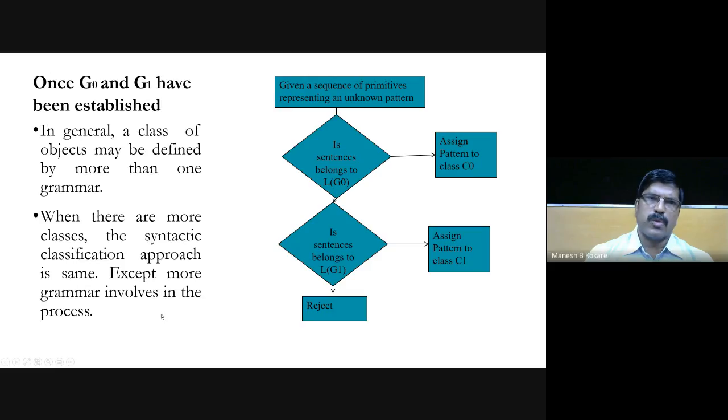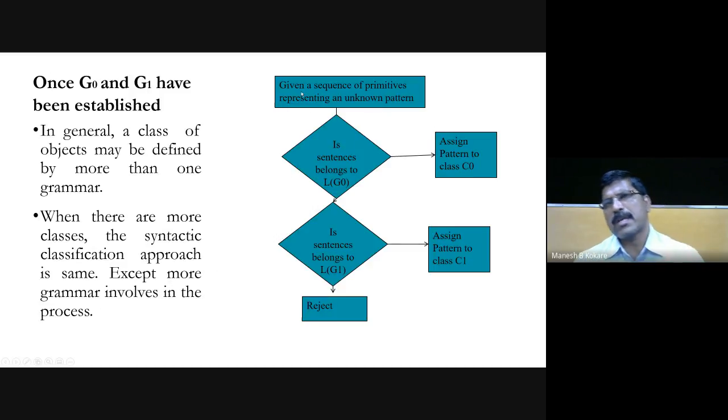Up to this point, we have studied that once G0 and G1 have been established, what is the next step? In general, a class of objects may be defined by more than one grammar, and when there are more classes, the syntactic classification approach is the same, except more grammars are involved in the process.